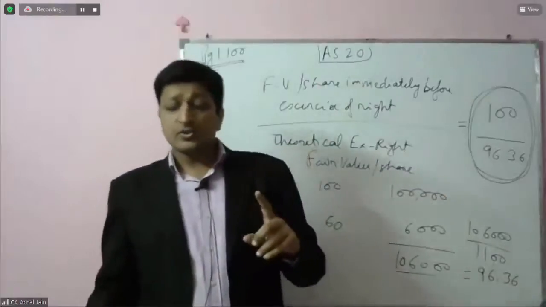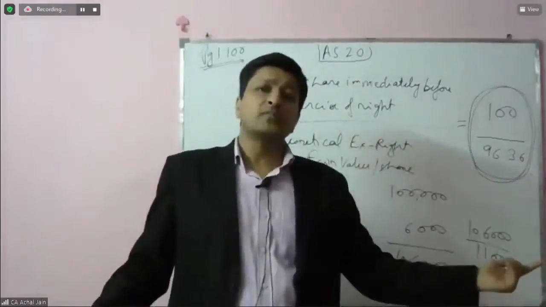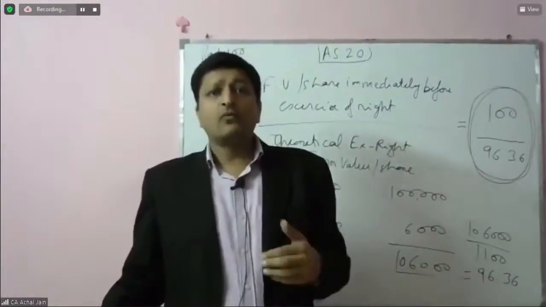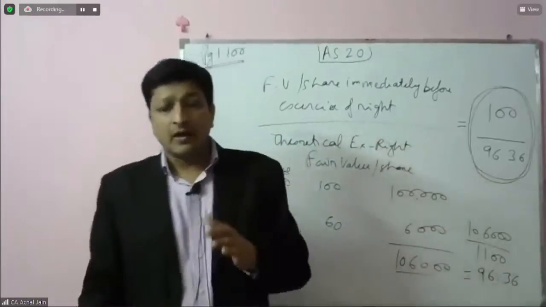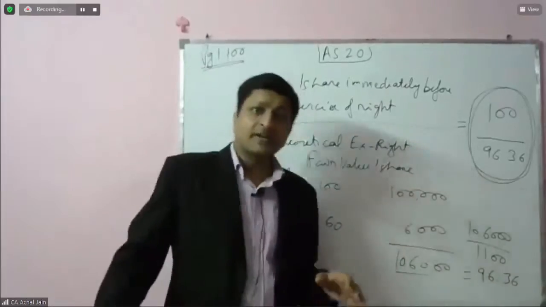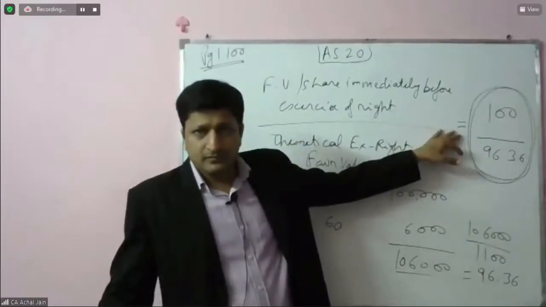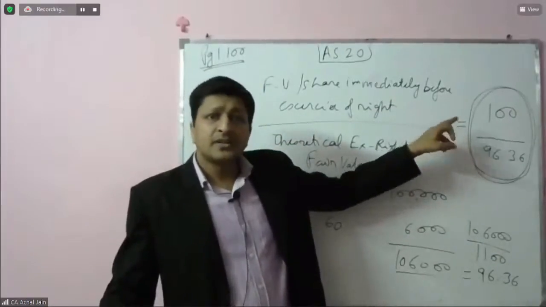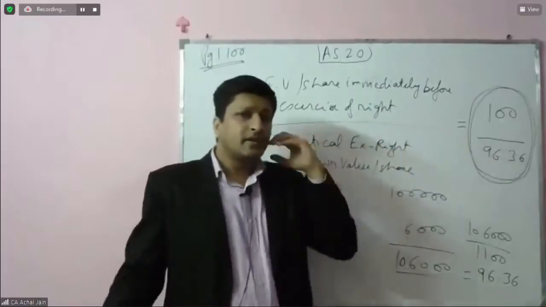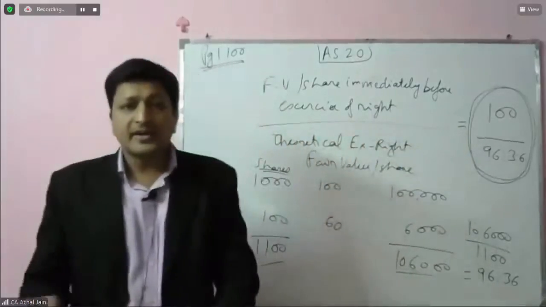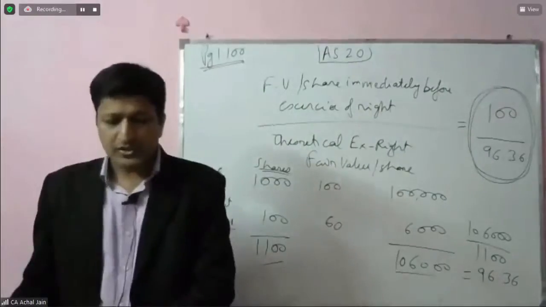In case of bonus issue, 100% was considered from the beginning while computing the weighted average. Now while computing the weighted average, this much proportion instead of 100%, this much percent you will consider while computing the weighted average number of shares.